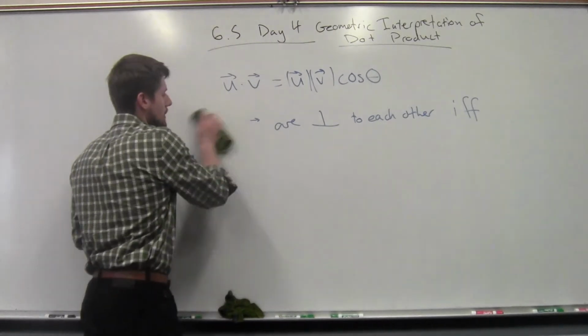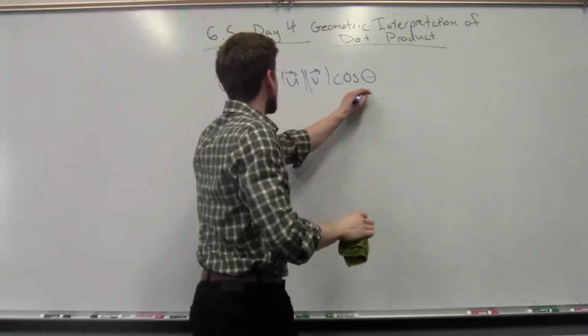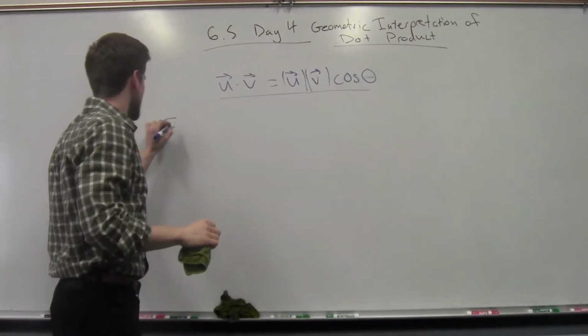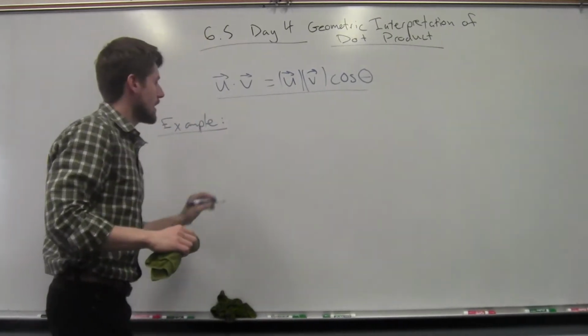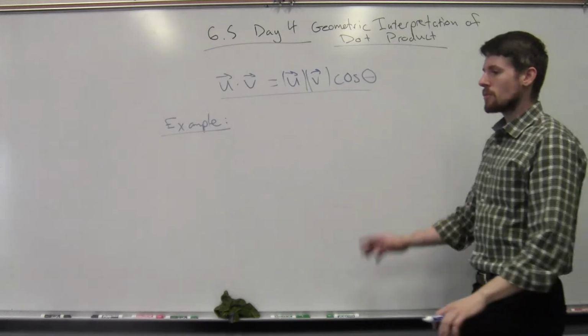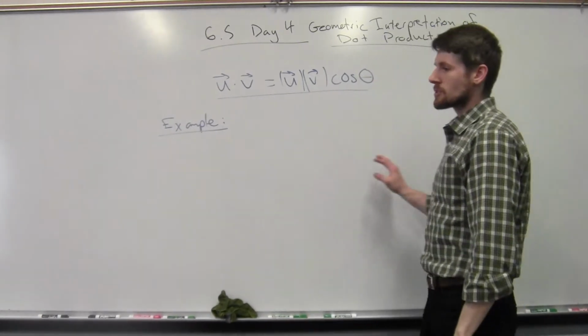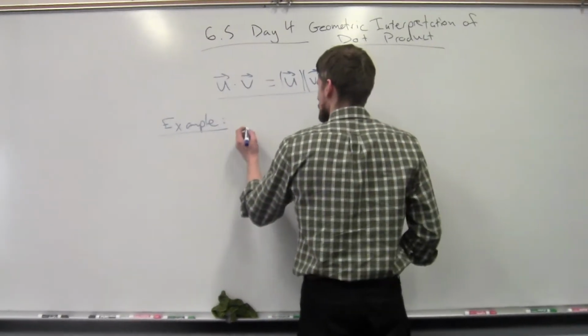We'll use that in a moment, but I'm first going to do an example utilizing this formula. Example: we want to find the angle between two vectors. I'm going to give you one vector's components and another vector's components, and we're going to find the angle between them.